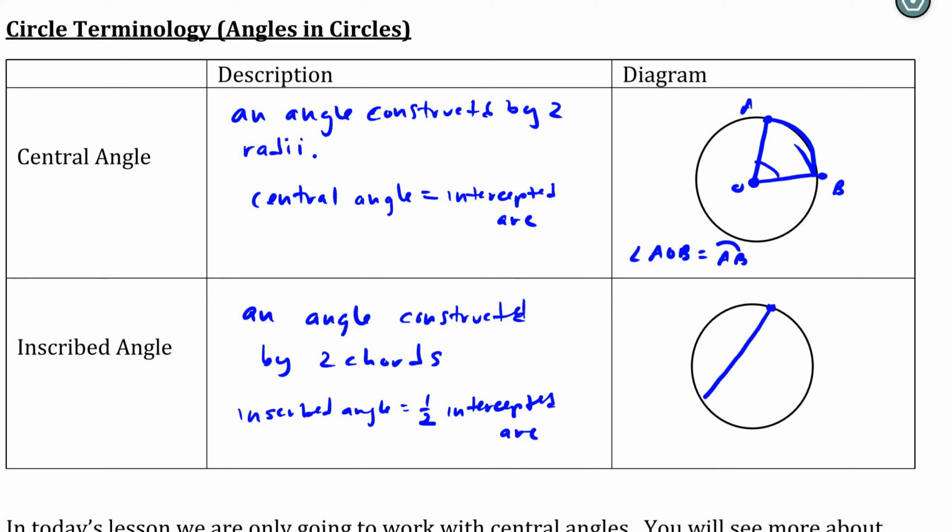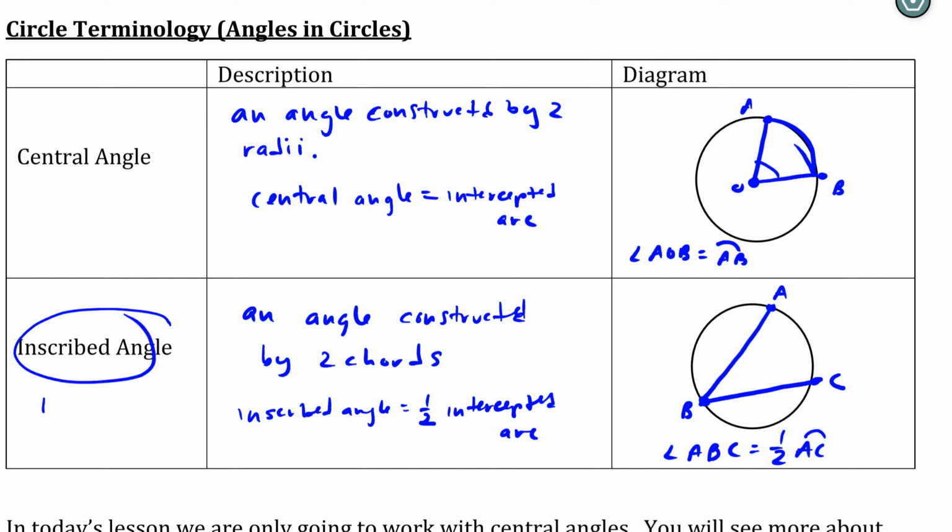An inscribed angle will look something like this. So I can say angle ABC is equal to half of arc AC. But again, we'll learn more about this in lesson 4.